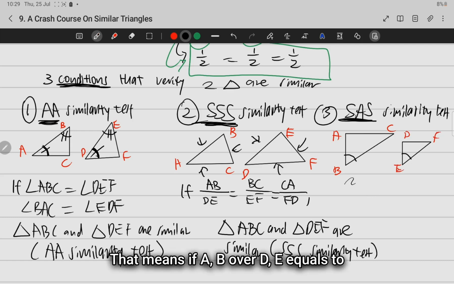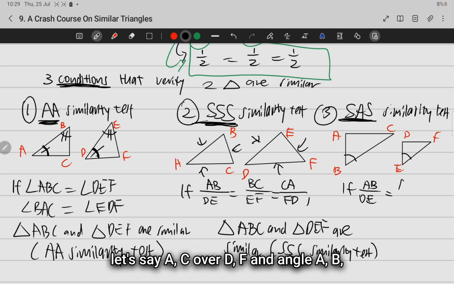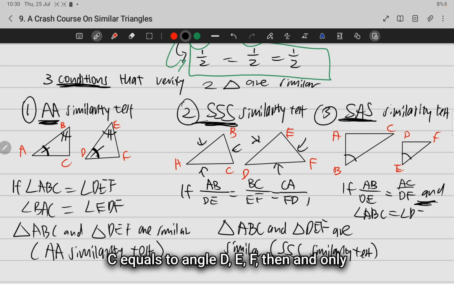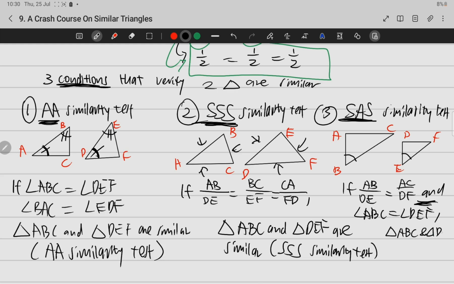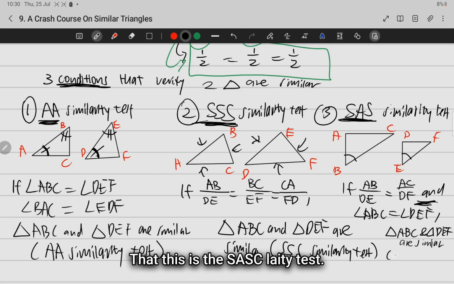That means if AB over DE equals, let's say, AC over DF, and angle ABC equals angle DEF, then and only then you can say that they are similar. And we will say that this is the SAS similarity test.